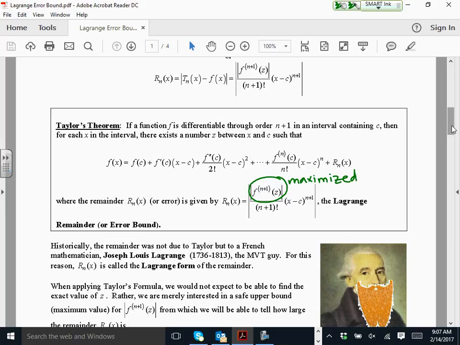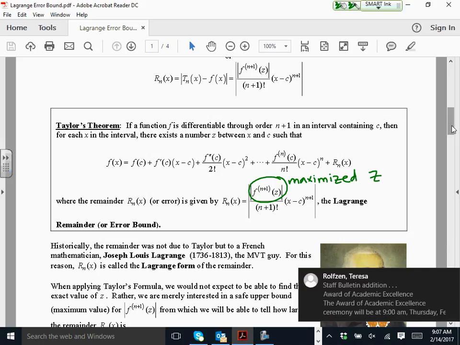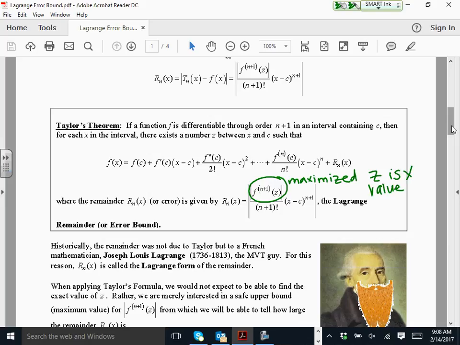So z is the x value on either x to c or c to x that makes the maximum value. Okay, and I'll show you how to do that.